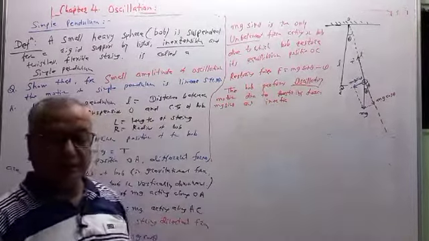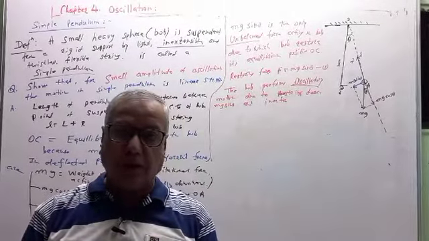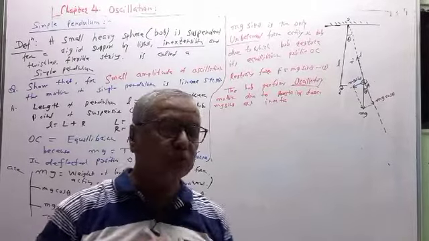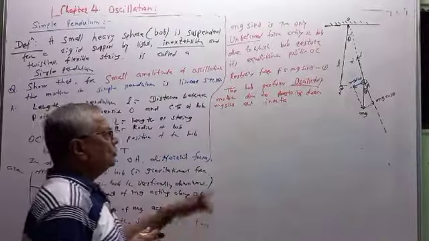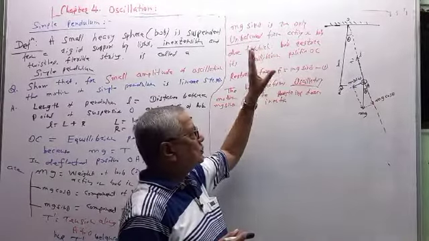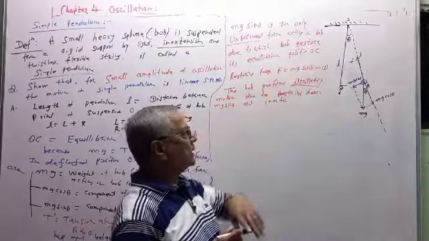So the motion is oscillatory. Even this motion is periodic, so we have to find the expression for the period also. So this is the one part to show that the motion is linear SHM. The motion is SHM because a restoring force is acting on it.